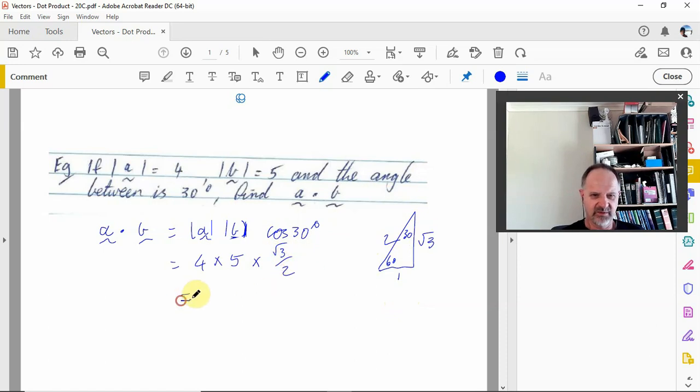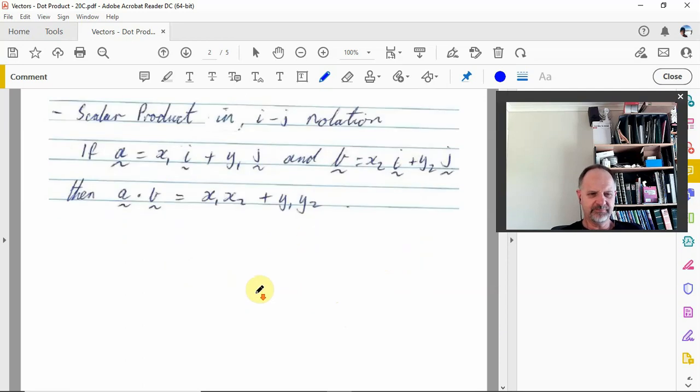Alright, and then 2 goes into 4 twice and into 2 once, so we now have 2 5s are 10, 10 root 3 is our dot product, scalar product, and so no units, no direction.